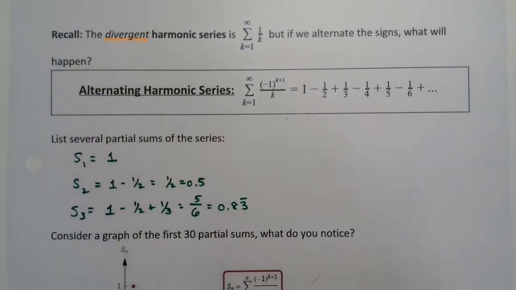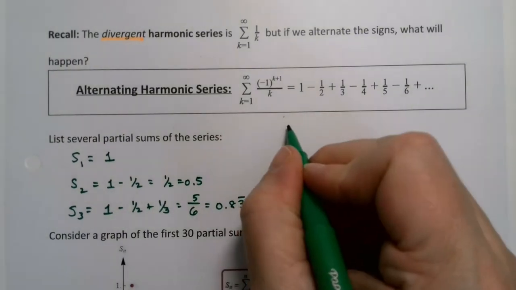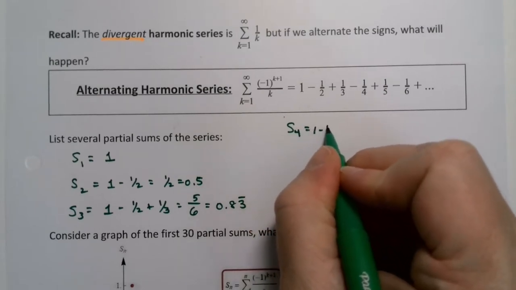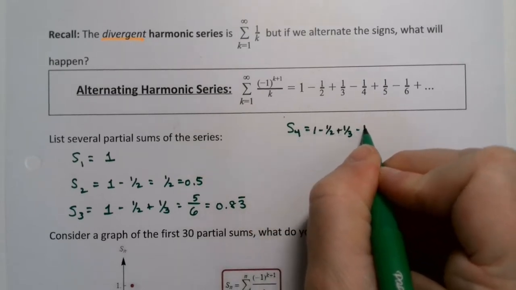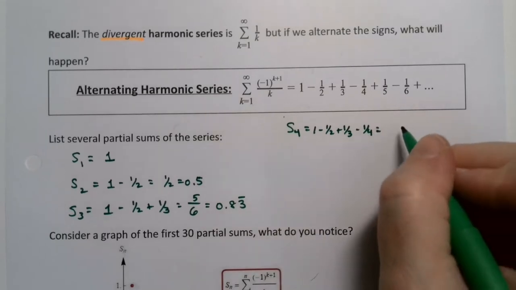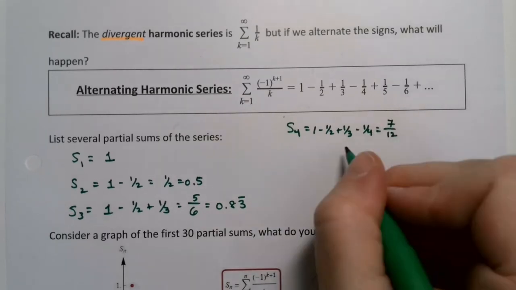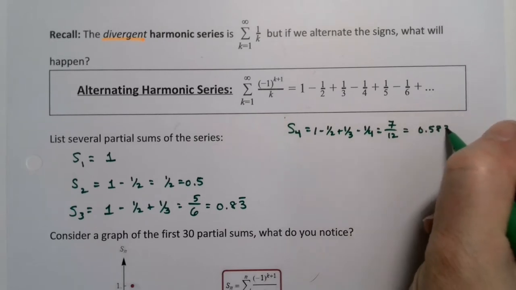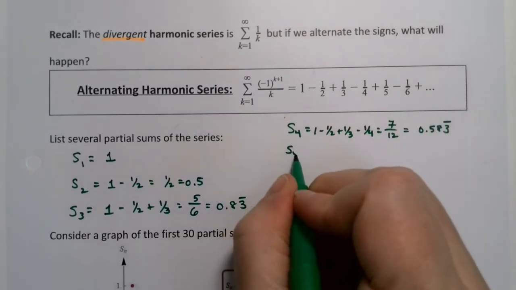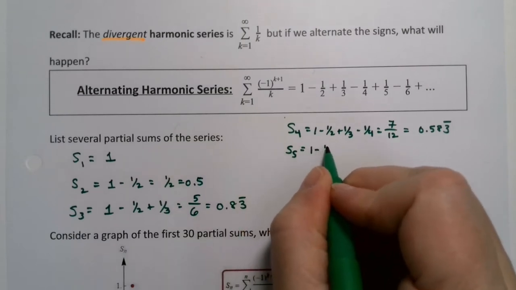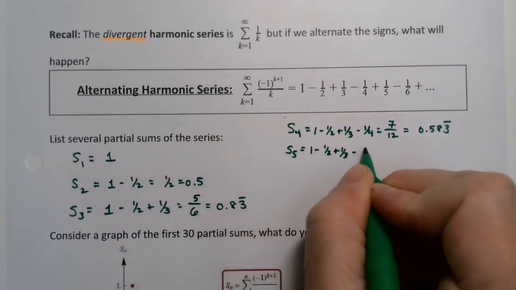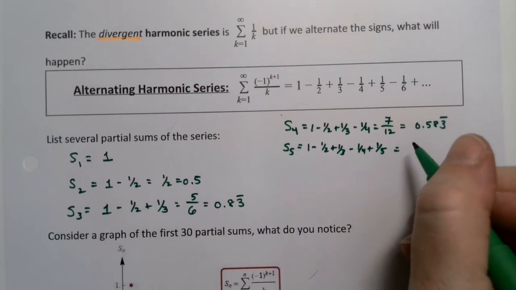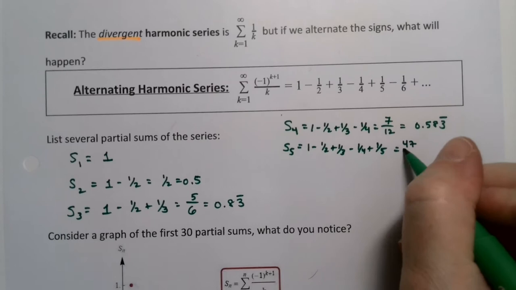And then we could keep going like this. So I'll put S4 up here. That would be 1 take away a half plus a third take away a fourth, which is 7/12. Or if you like as a decimal, 0.583 repeating. S5 is 1 minus a half plus a third minus a fourth plus a fifth, which is 47/60.